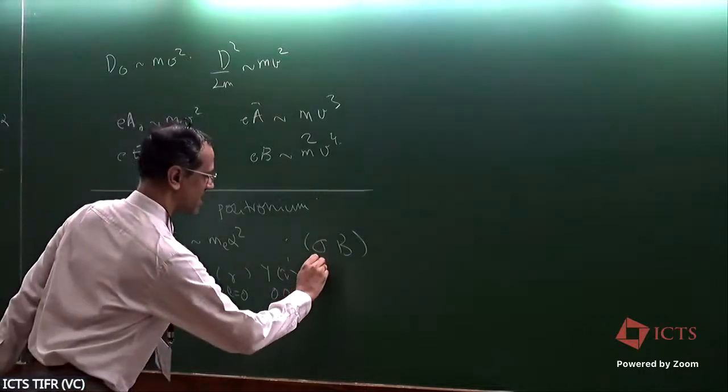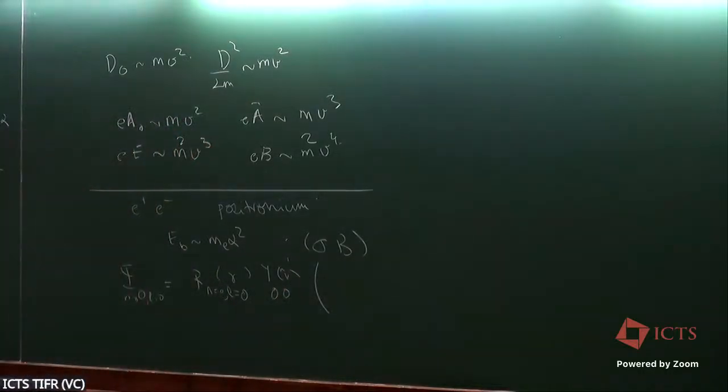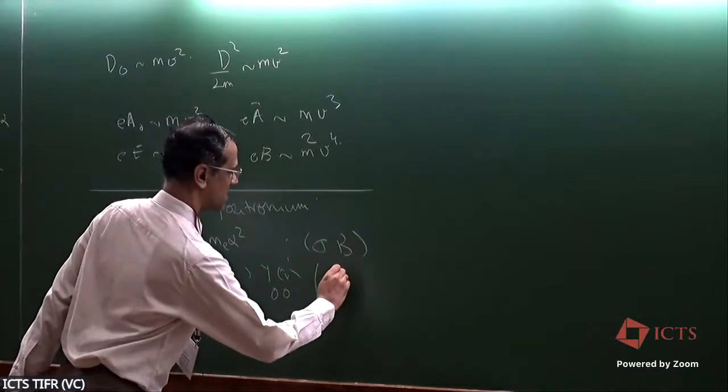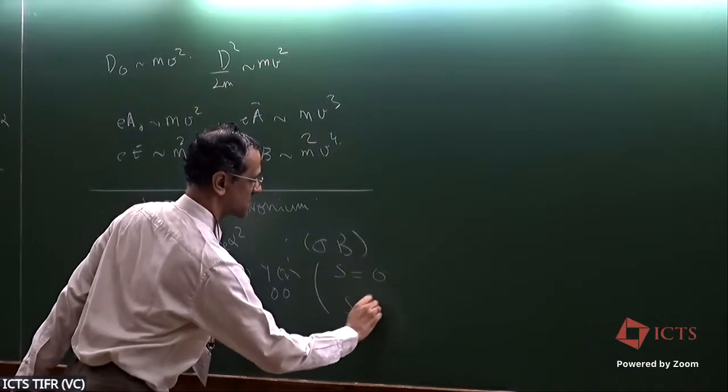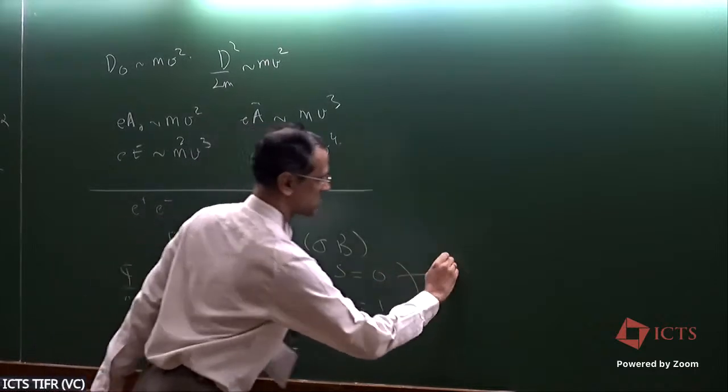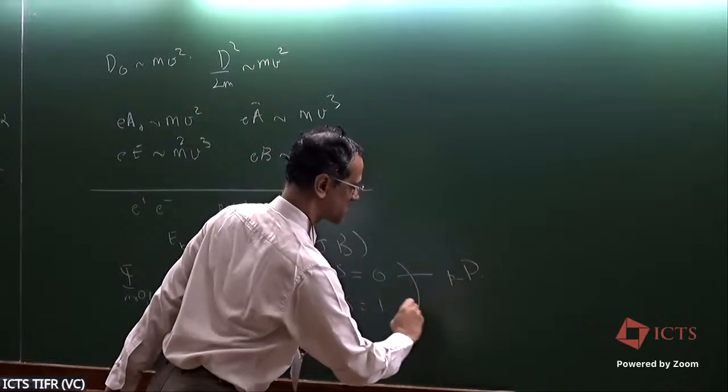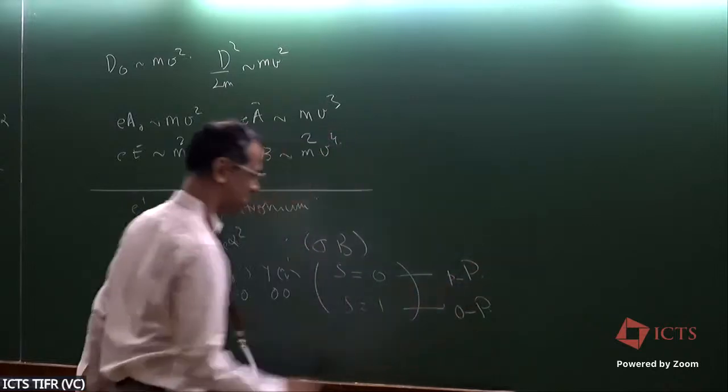And then there are two combinations I can make for the spins: spin equals 0, and spin equals 1. This is known as parapositronium. This is known as orthopositronium.